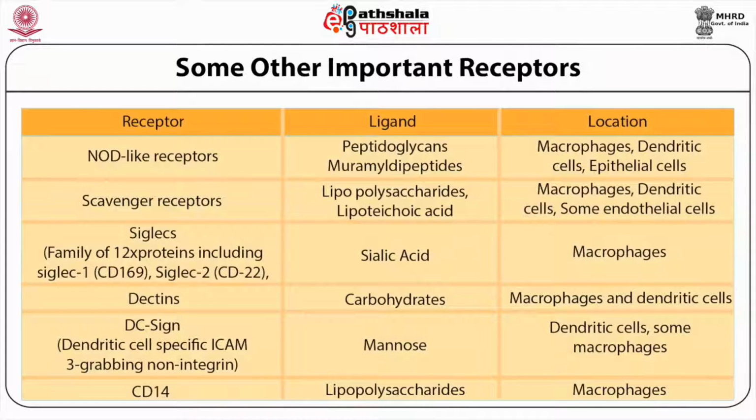Here are some examples of a few other important receptors. The cells involved in the innate immunity display a very wide range of receptors with corresponding recognition of wide-ranging patterns on the cell surfaces of the pathogens. That makes sense because the cell surfaces of different pathogens are going to have a different composition of the ligands. They will also have a different distribution pattern.